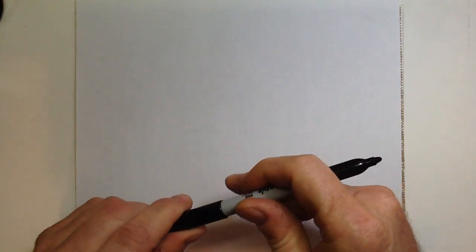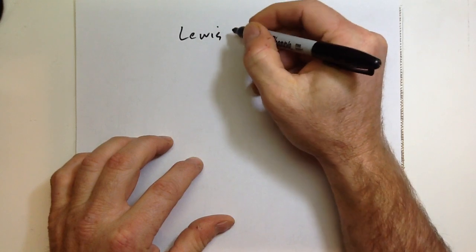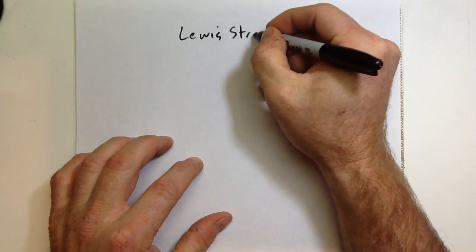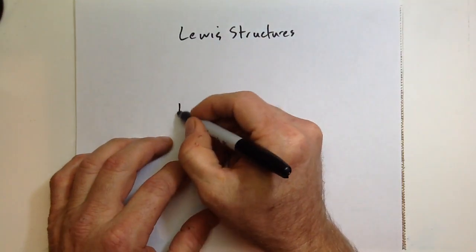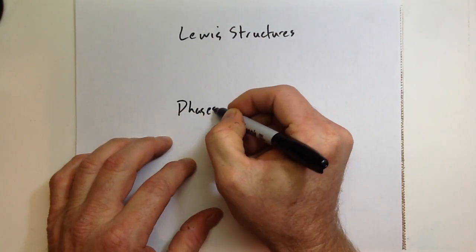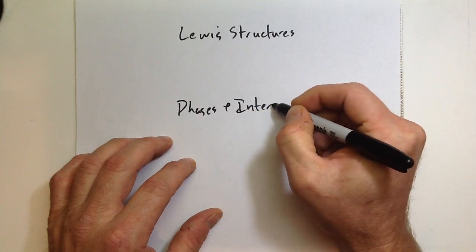I'd like to make a set of 3 videos that touch on how to build and shape Lewis structures, and then how to relate that to phases and intermolecular forces, because they're related.